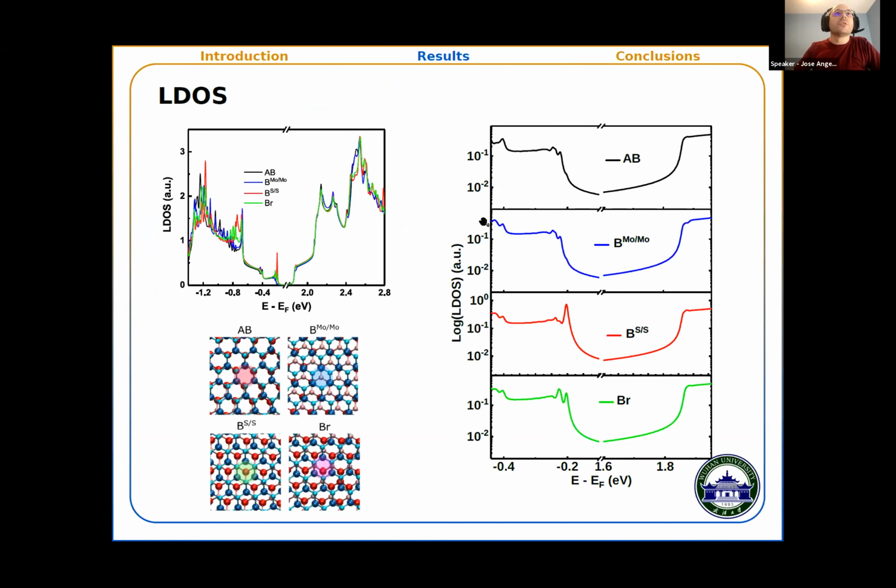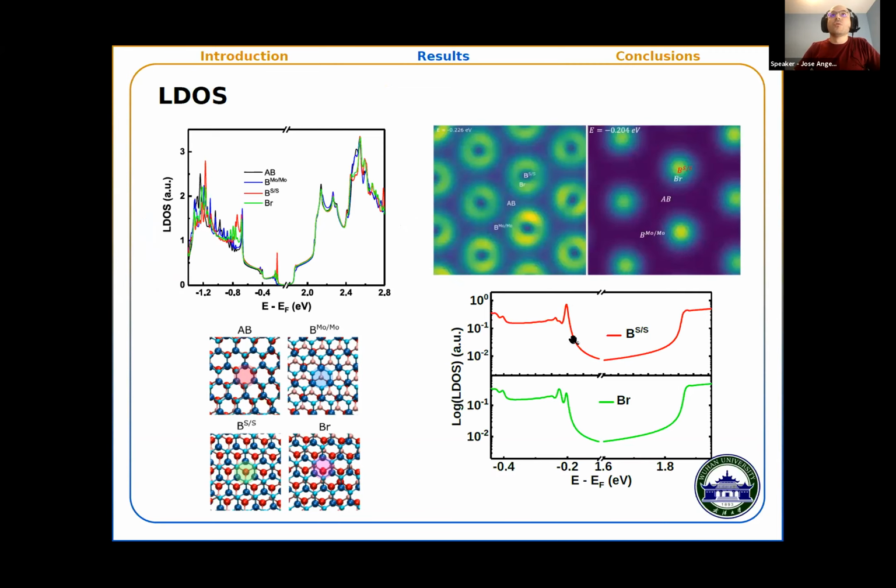We can, of course, then do local density of state calculations at the different high symmetry points that I talked about in the introduction. And we can see how the flat band is localized around the BSS and the BR positions.